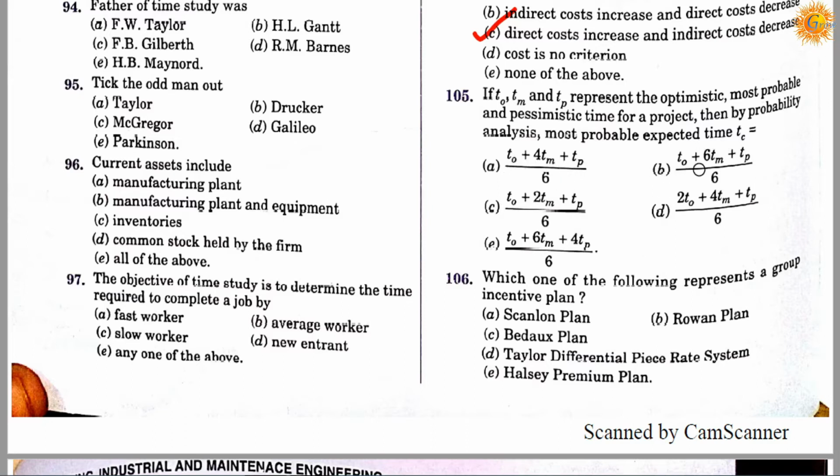Option B is TO plus TM plus TP divided by 6, option C is TO plus 2TM plus TP divided by 6, option D is 2TO plus 4TM plus TP divided by 6, and option E is TO plus 6TM plus 4TP divided by 6. So correct answer is A. It means by probability analysis, expected time will be TO plus 4TM plus TP divided by 6.